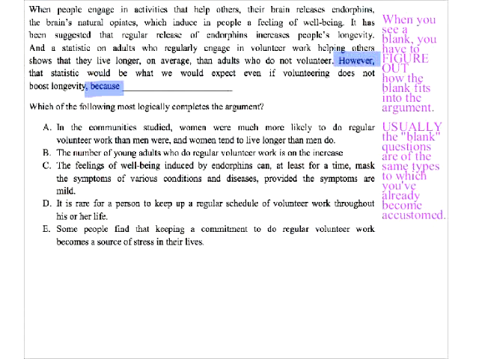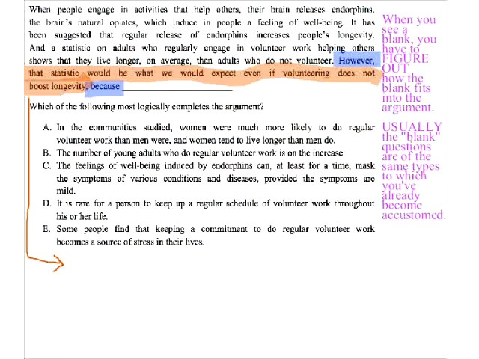However, that statistic would be what we would expect, even if volunteering does not boost longevity. So what are we trying to do here? What are we trying to weaken?